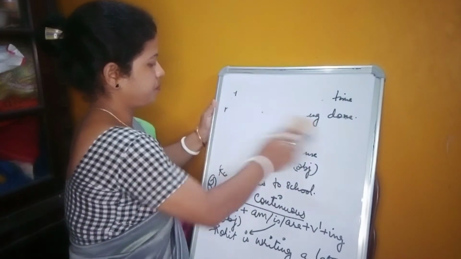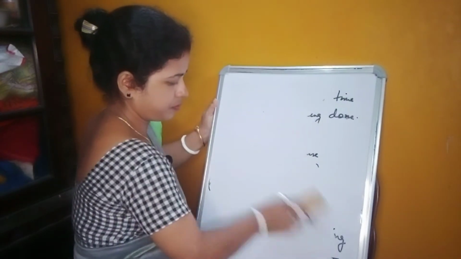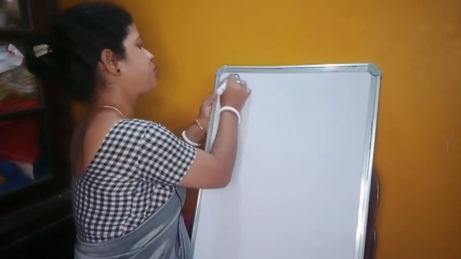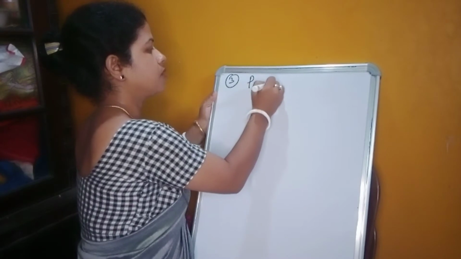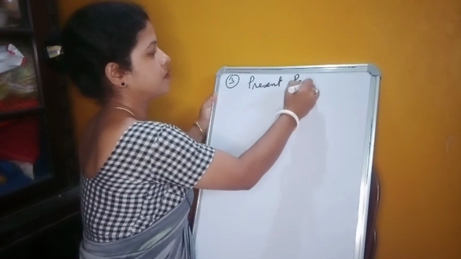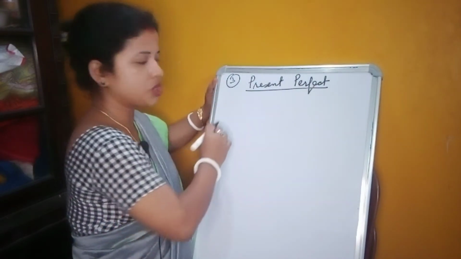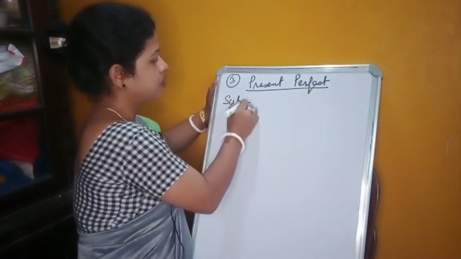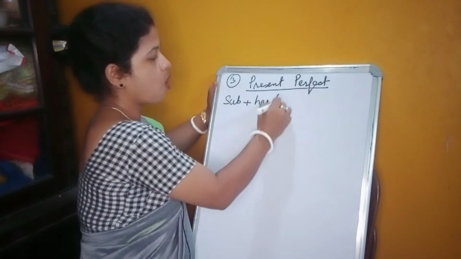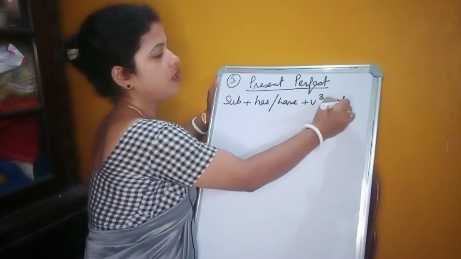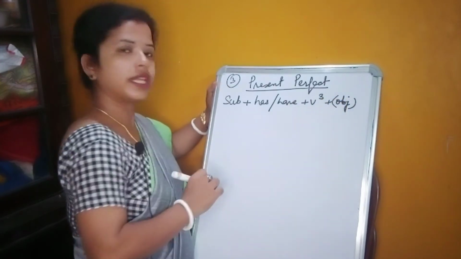Next, number 3, present perfect. What is the structure? Subject plus has or have plus V3 plus object in brackets. Clear?